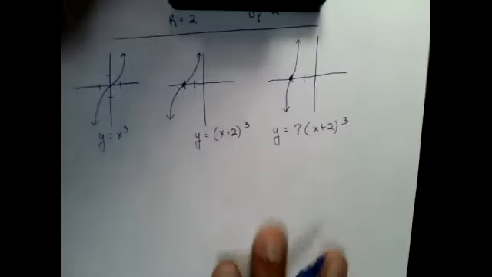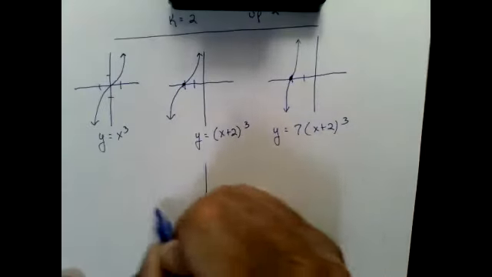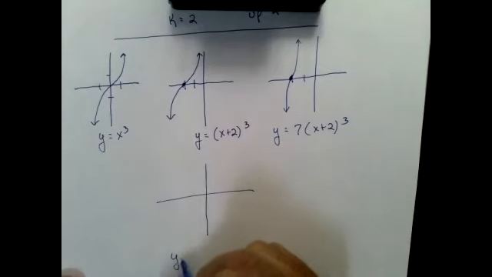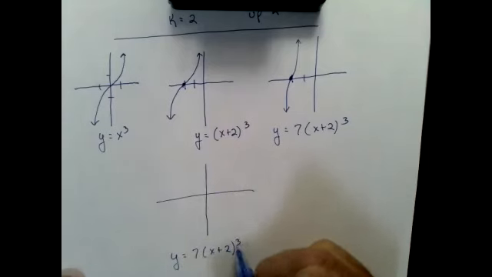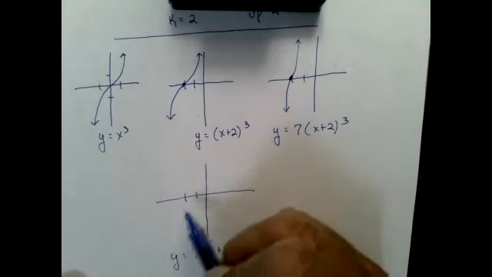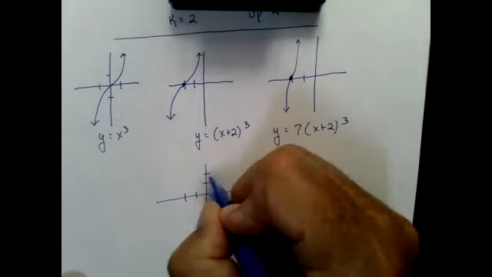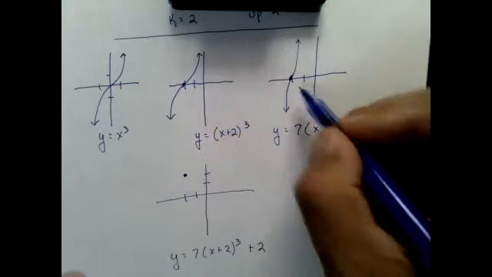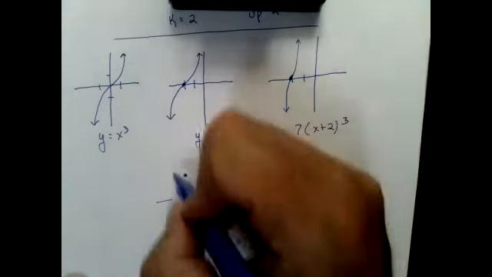And finally, I take that graph, y equals 7 times x plus 2 cubed, and I'm going to perform my last operation. I'm going to move it up 2. So I know I have that point right there.